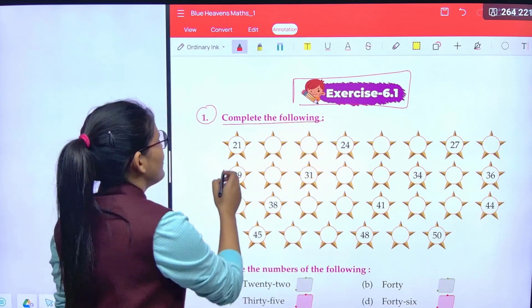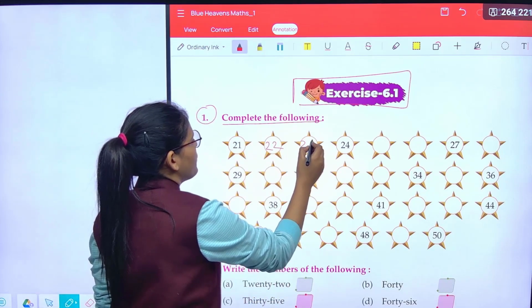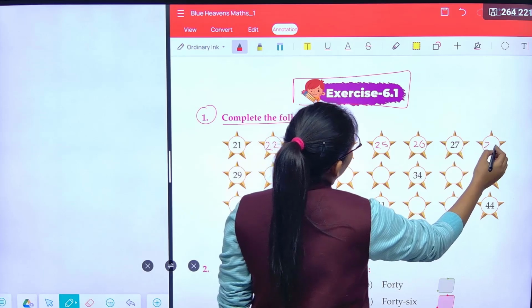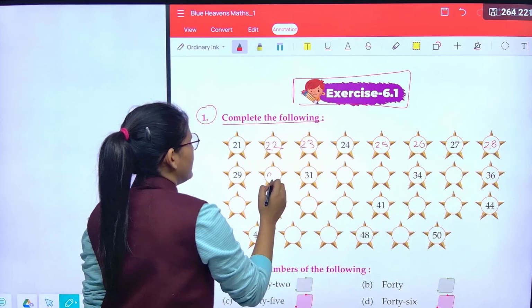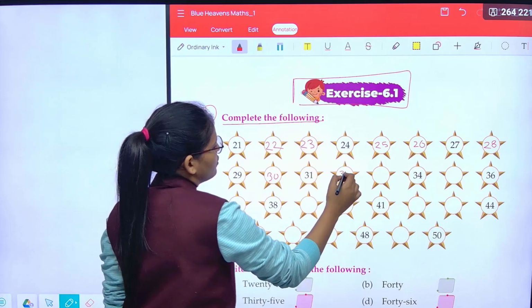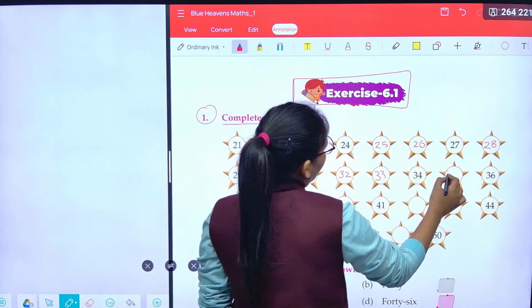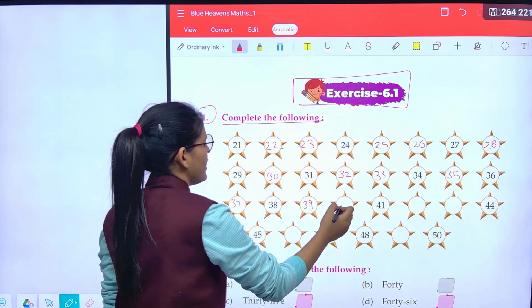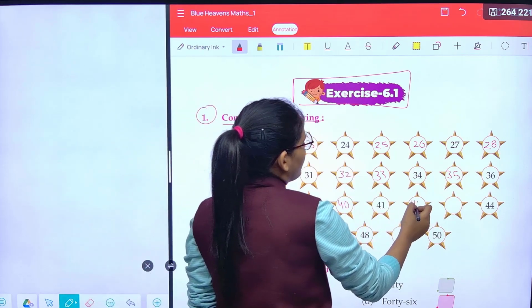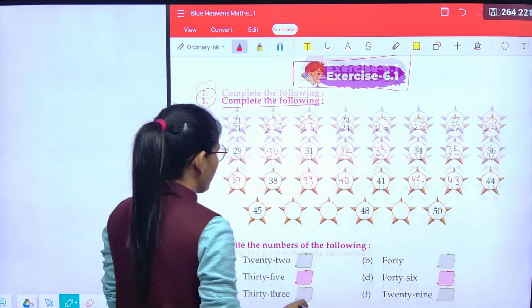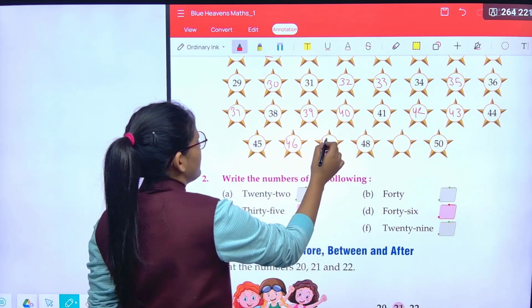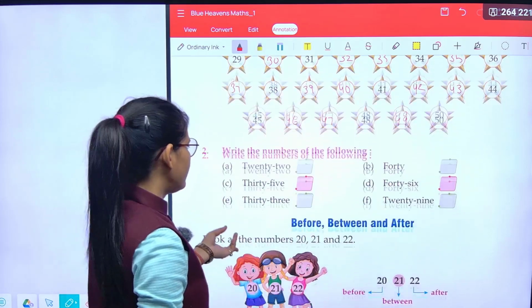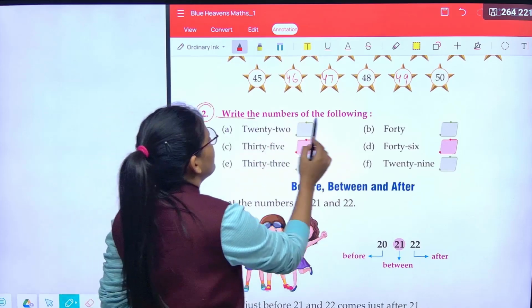See, here 21, 22, 23, 24 is written. 25, 26, 27 written, 28, 29 written, 30, 31 is written, 32, 33, 34, 35, 36, 37, 38, 39, 40, 41, 42, 43, 44, 45, 46, 47, 48, 49 and 50.